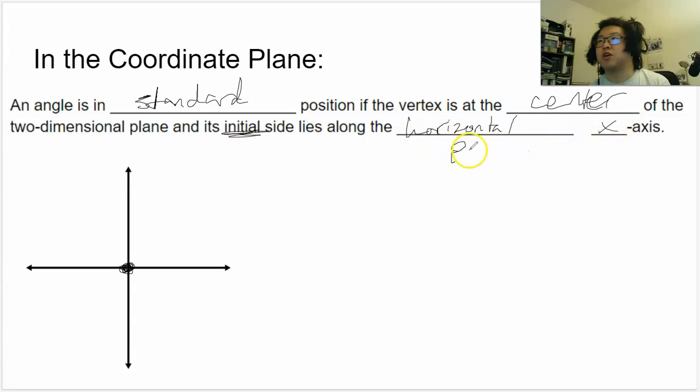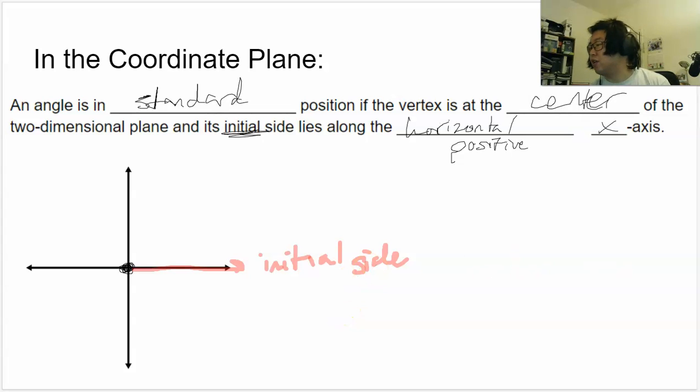And I should also note this is the positive horizontal x-axis. So let me change my color here. All right. So in the red, I'm going to use a different kind of thing here as well. So in the red, this would be my initial side, initial side of my angle.